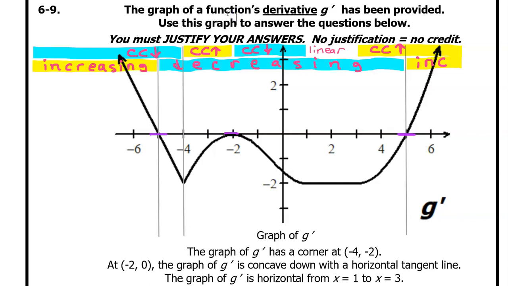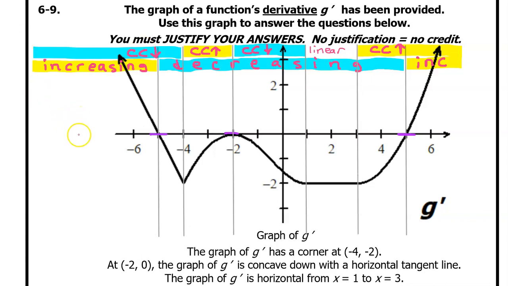At this point, my goal is to create a new interval every time something changes. If we go from concave up to concave down, that's a new interval. If we go from increasing to decreasing, that's a new interval. So I'm just putting new intervals all over the place, wherever something changes.